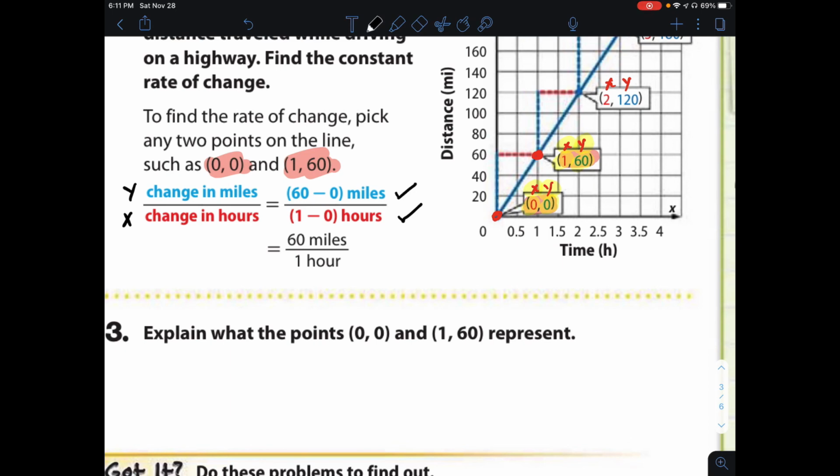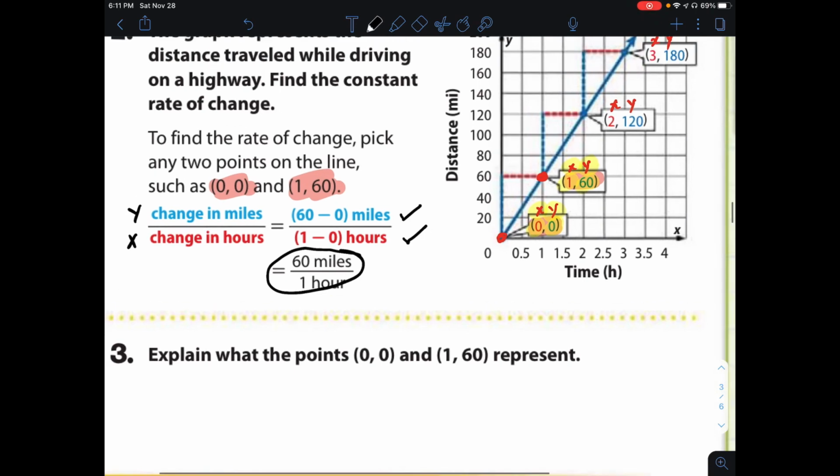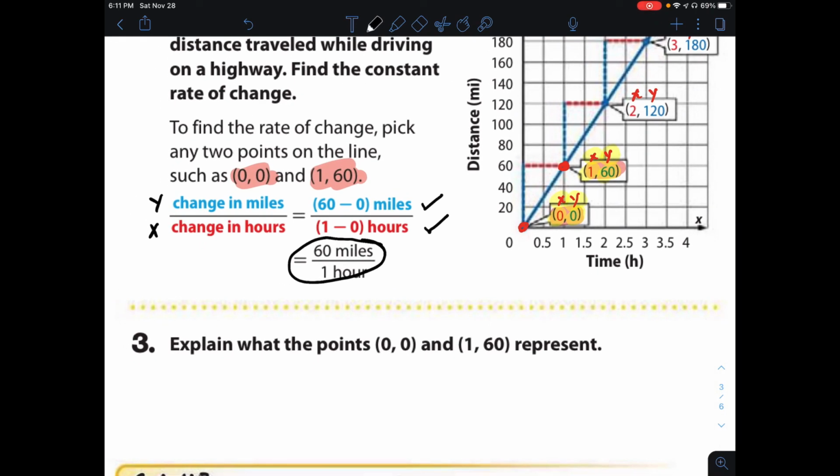If you do that, we end up with 60 miles per hour. And if you notice, this is already the unit rate. So the constant rate of change is 60 miles per hour.